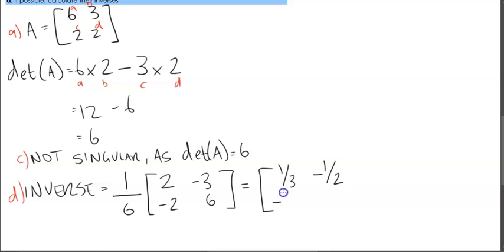Same thing, but it's a negative, 1 over 3, and 6 over 6 becomes 1. That is my inverse. I'm actually not going to leave it in decimal form because this 1 over 3 becomes a recurring decimal, so we can just leave it as this, or we can leave it as this.